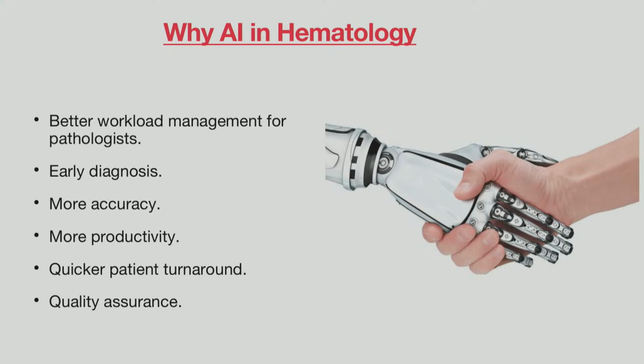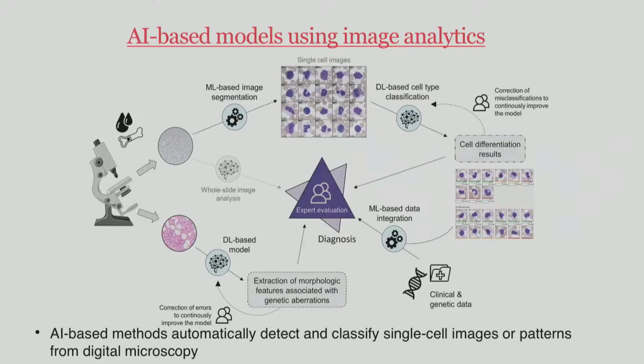With AI, the accuracy and productivity will increase, the TAT, the turnaround time, will decrease, and it gives quality to the patient. This is just a basic model of how AI works using image analysis. I will not go into detail about the neural networks and all that. I'll just say it uses a single image technique, and it will project the abnormal cells.